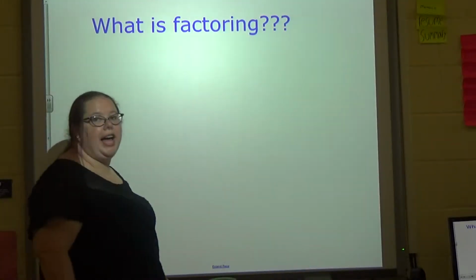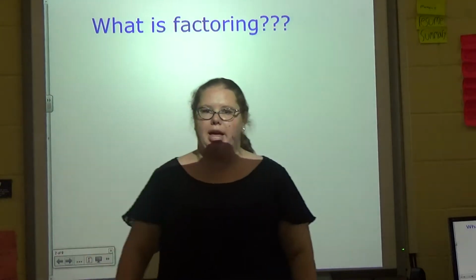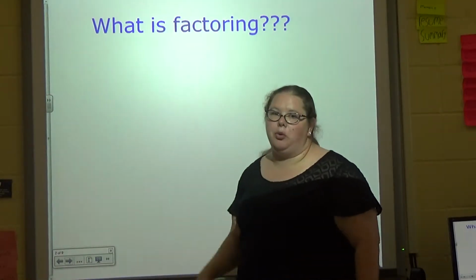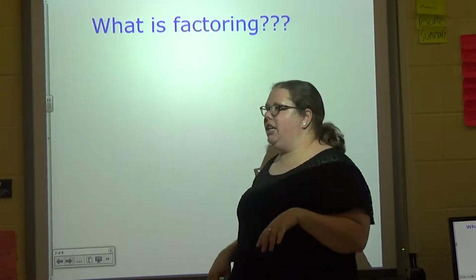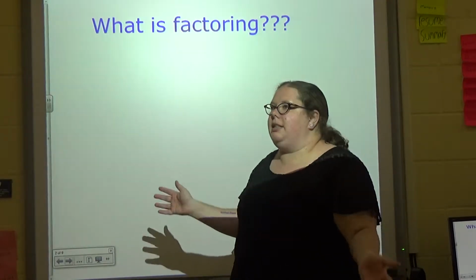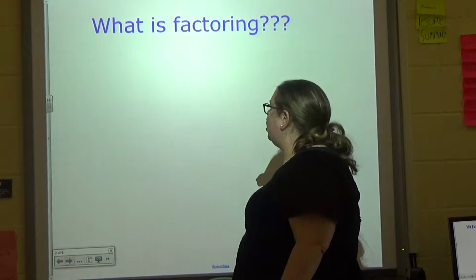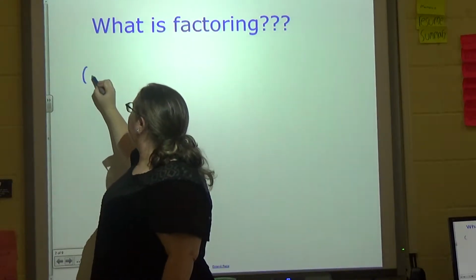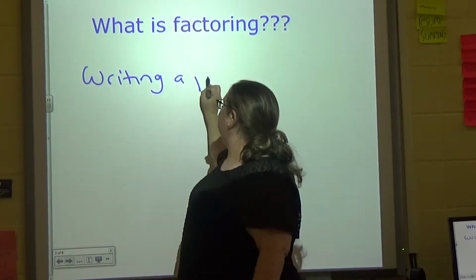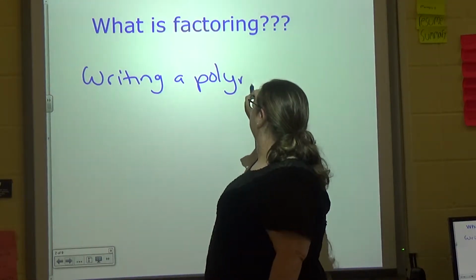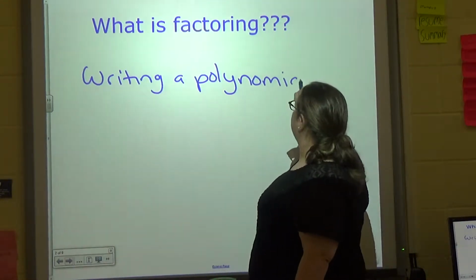Alright, so what is factoring? My students get so mad at me because I put this on the board every single lesson when we're factoring, because they forget what it means. So factoring is writing a polynomial as a product.